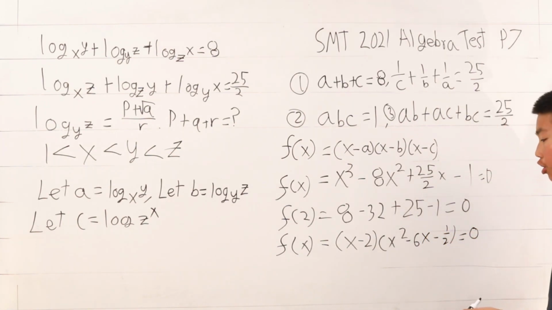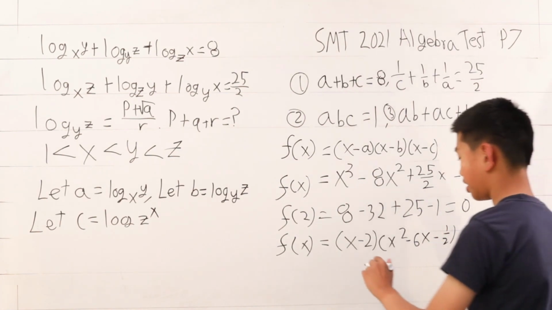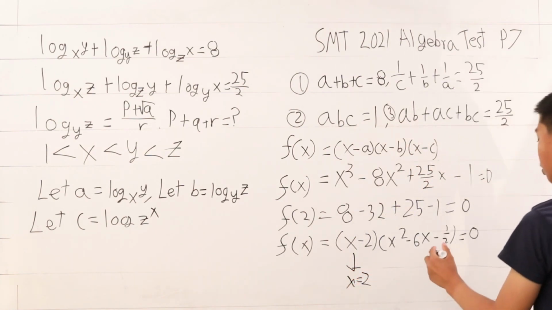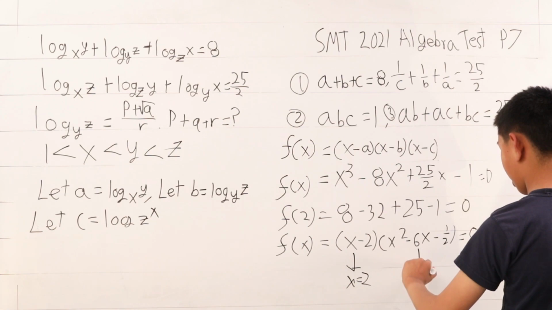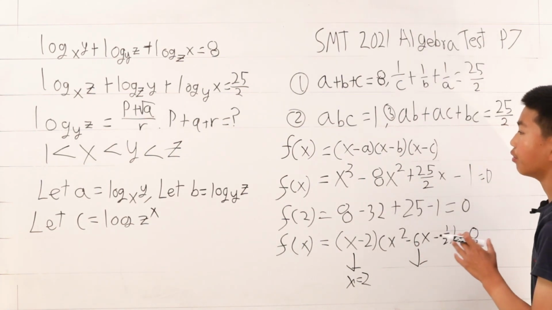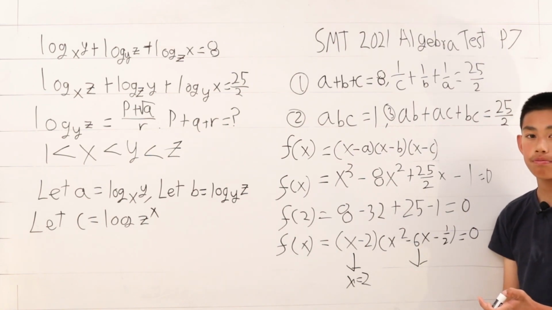Now, from this, we actually get two possibilities. The first one being where x is 2, and we want to find this second case right here, which I will explain after we have gotten rid of all this and there's more space.